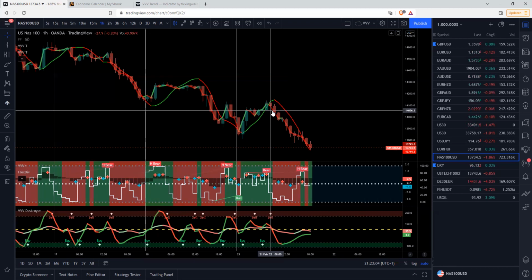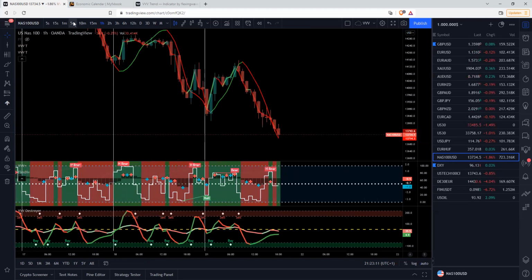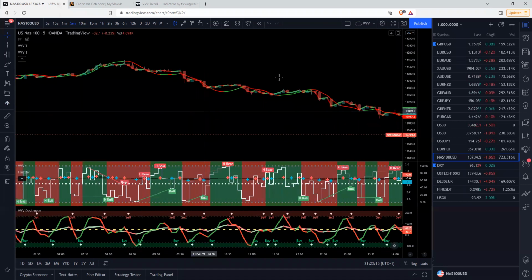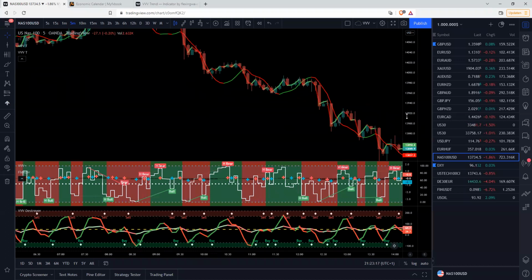So you can have longer positions and shorter positions, and even going back to 5 minutes. So there is huge movement in the market, all right?